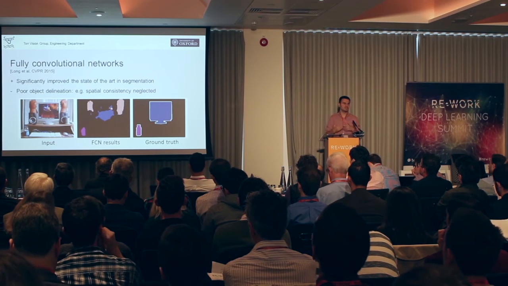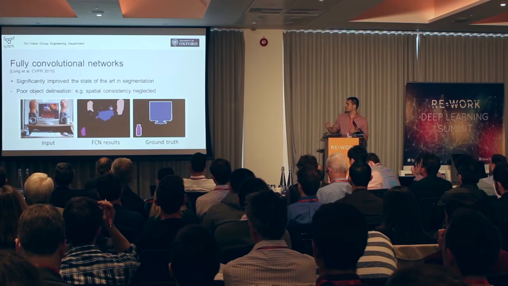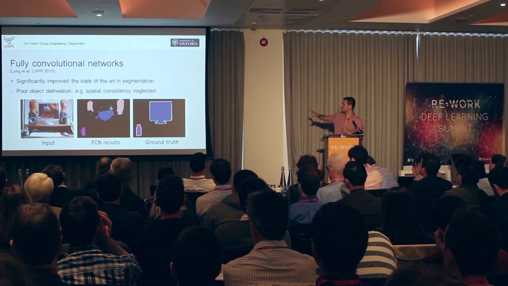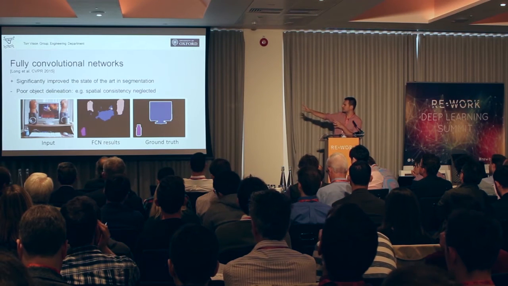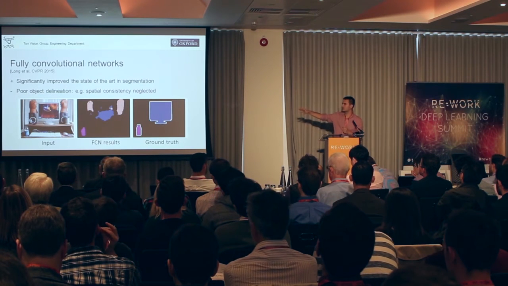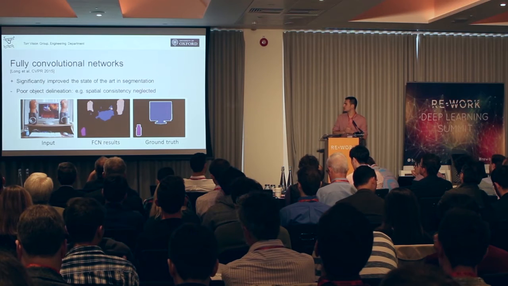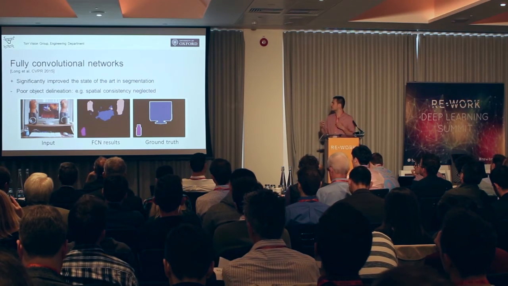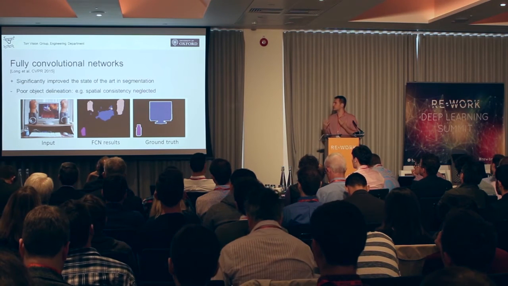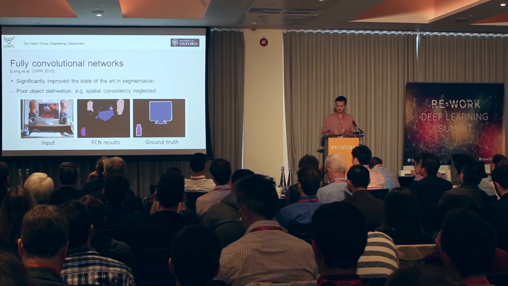They present a poor object delineation, in the sense that, for example, here we see some meaningless blobs, and we are not quite able to recognize the shapes that are produced. Therefore, our objective here is to introduce spatial consistency into our model.